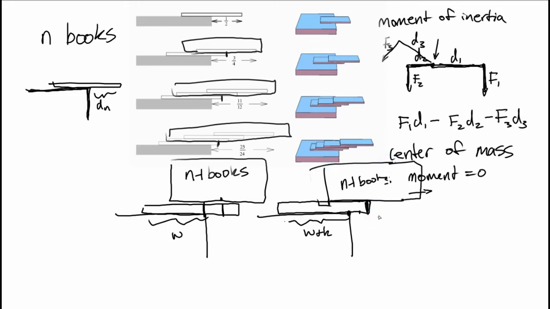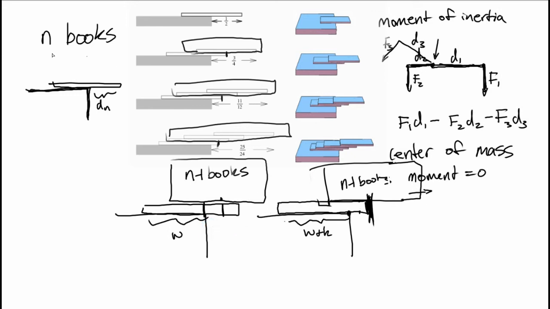And we can keep shifting incrementally until the center of gravity is actually on the edge of book 1. If the center of mass for the n-1 books goes over, then it'll just fall off. But if the center of mass of n-1 books is exactly on the edge of book 1, then we're fine. If it's not on the edge of book 1, like in this scenario, we can shift book 1 to the left and move n-1 books to the right to increase the distance even more.